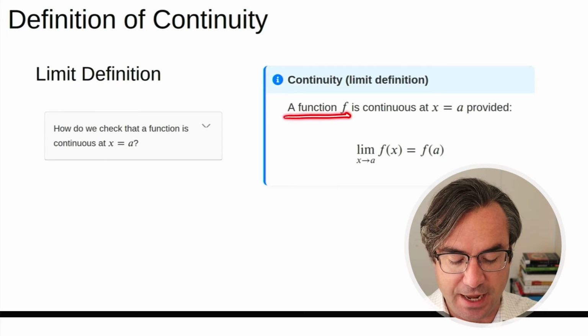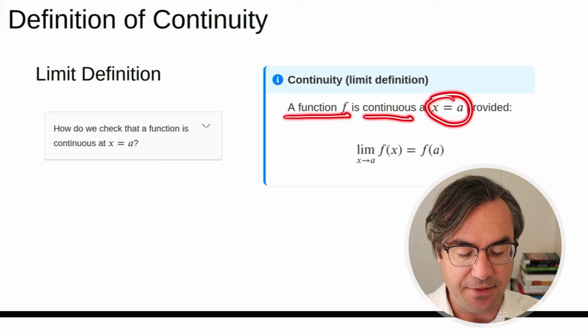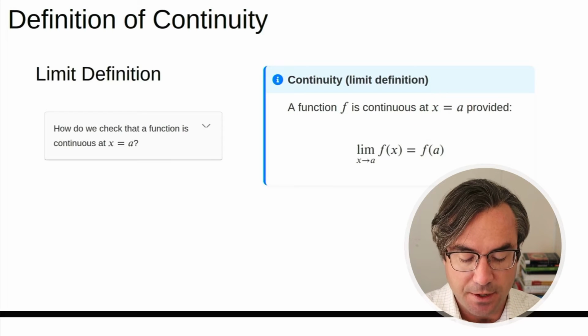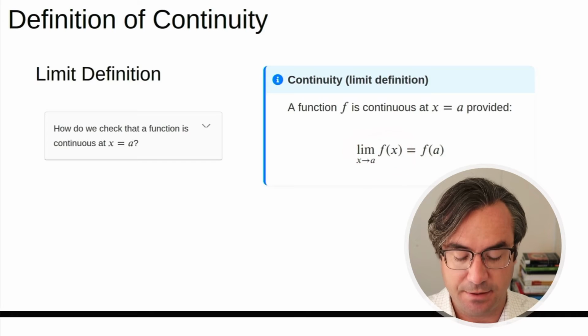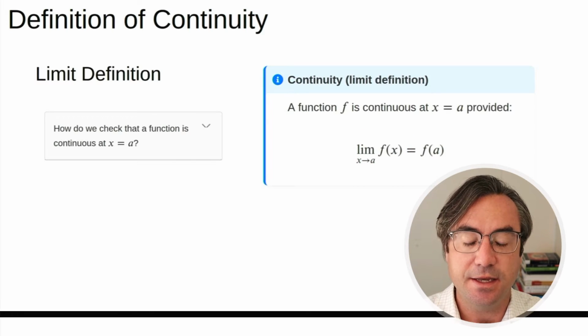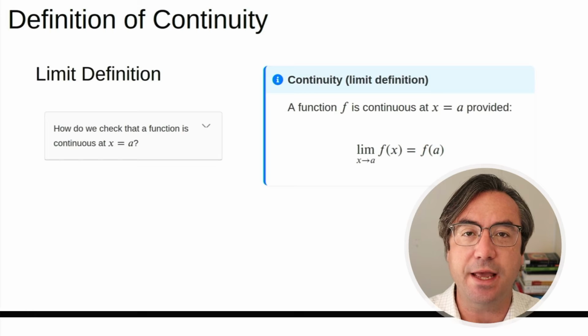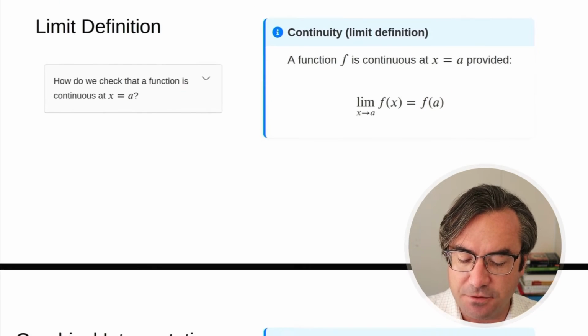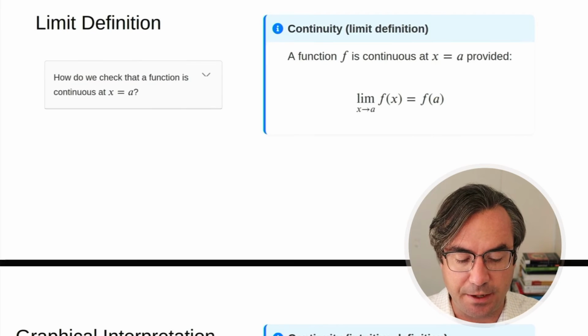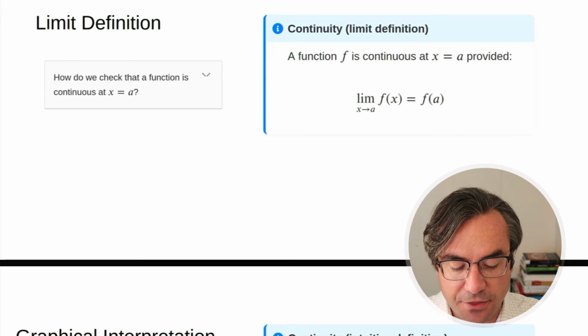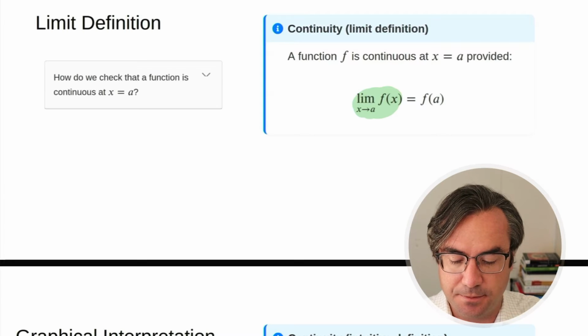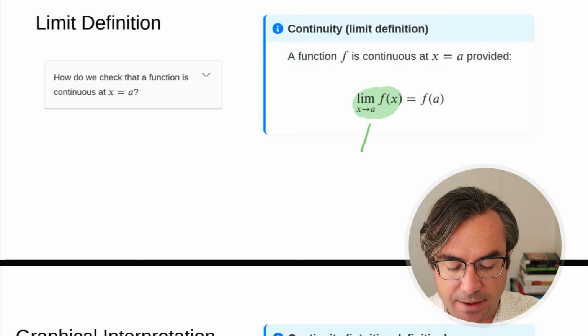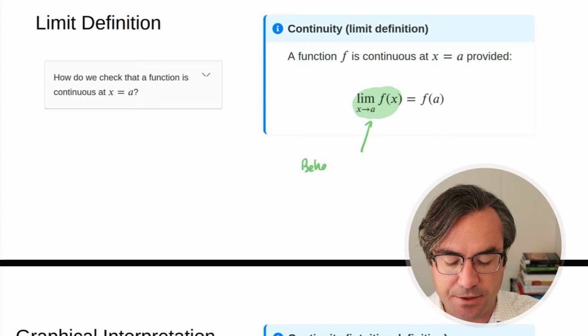We say a function f is continuous at x equals a, provided the limit of our function as x gets close to a is equal to the function value directly at x equals a. When we're thinking of limits and continuity, we want to think of the limit process as describing the behavior of our function near x equals a.